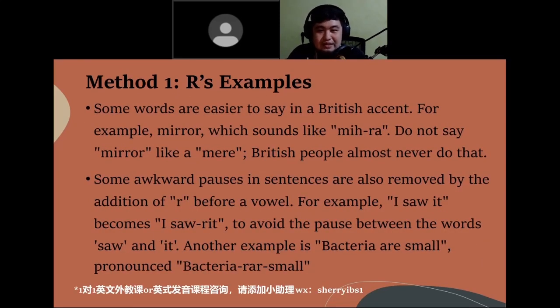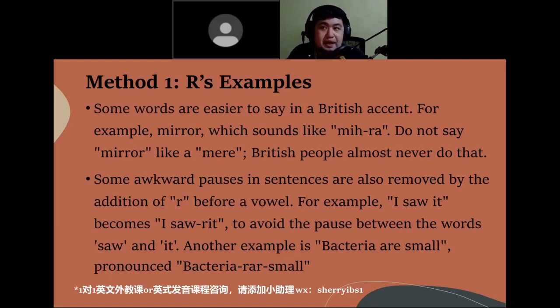Method 1, R's examples. Some words are easier to say in a British accent. For example, mirror, which sounds as mirror. In American it sounds mirror. In British accent it sounds mirror. Do not say mirror like mere. That's different. Mere is a different word.